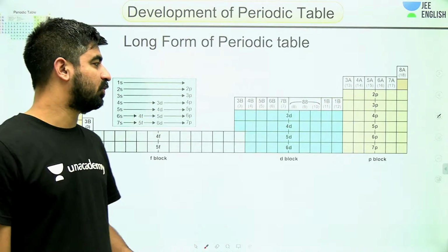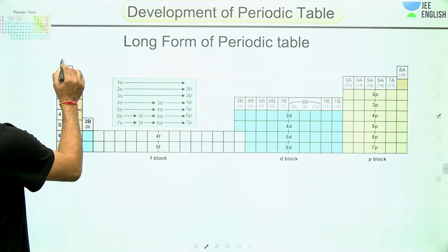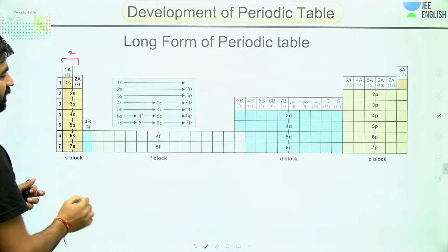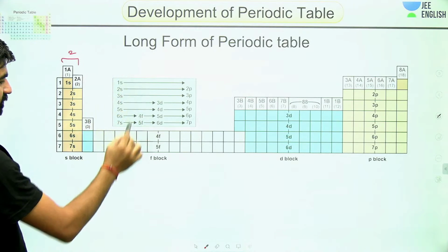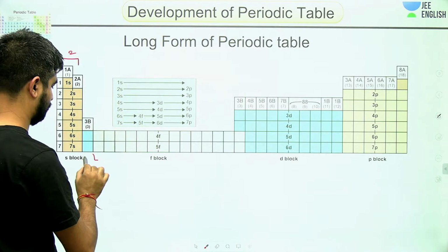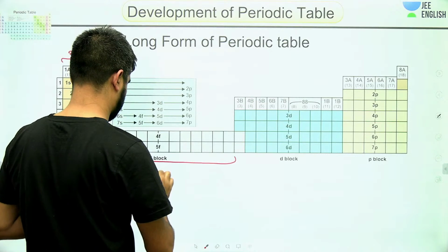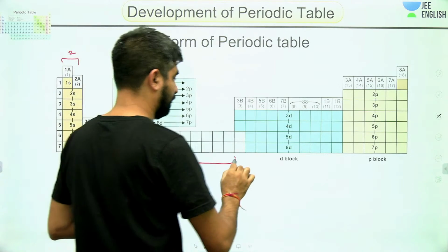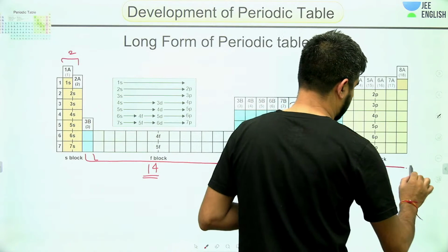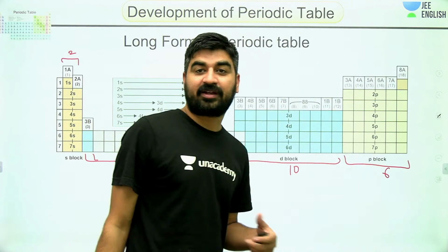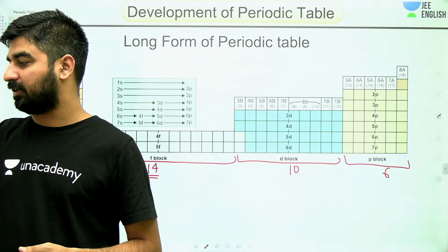Yes, actually this is the long form of the periodic table. This table contains two elements here, then 14 elements here, then 10 here, and then again 6. So this is called the long form of the periodic table.